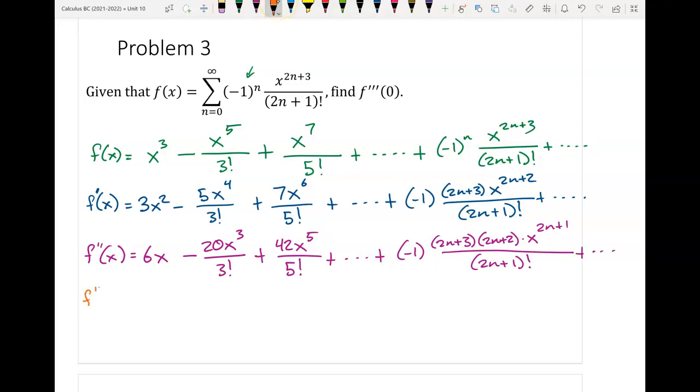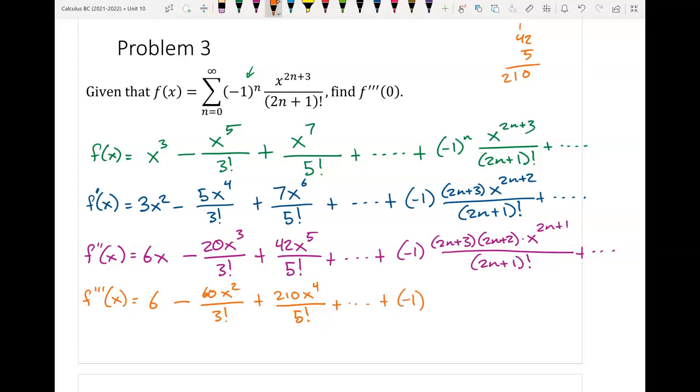And now we're finally at our triple prime, and that gives me 6 minus 20 times 3 is 60, x squared over 3 factorial plus 42 times 5, no, 210. Wow, I was off. So 210 x to the fourth over 5 factorial plus dot dot dot plus negative 1.